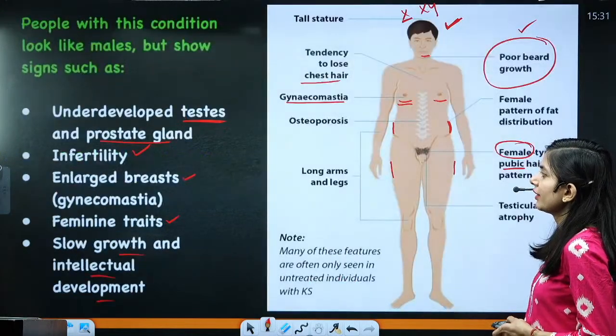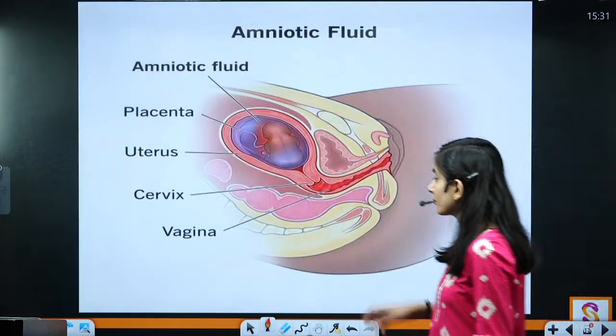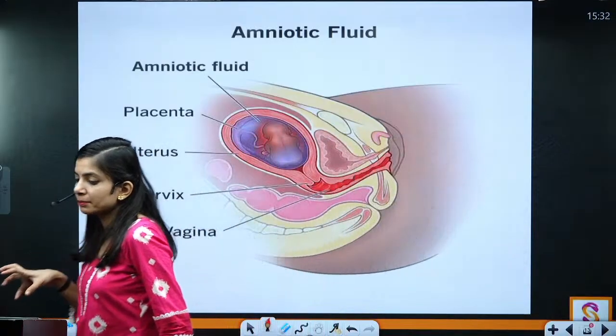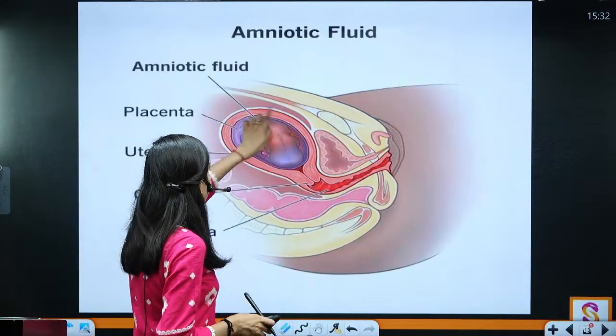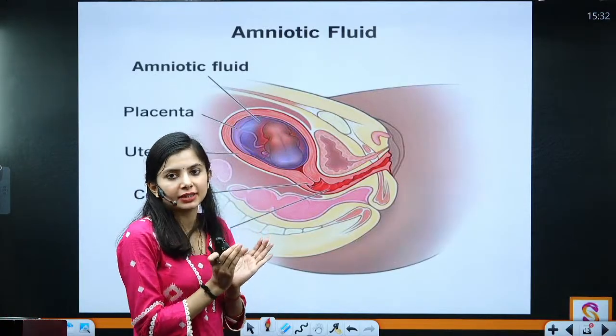So let's try to understand that. The child is preserved in the fetus in terms of a layer-type structure.